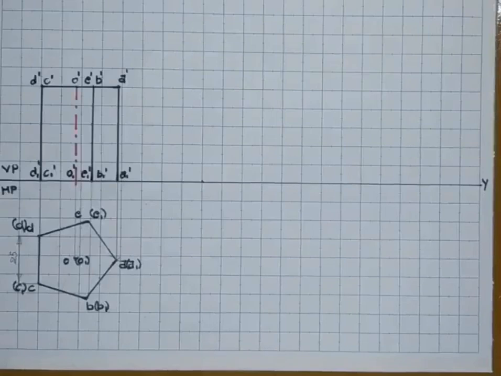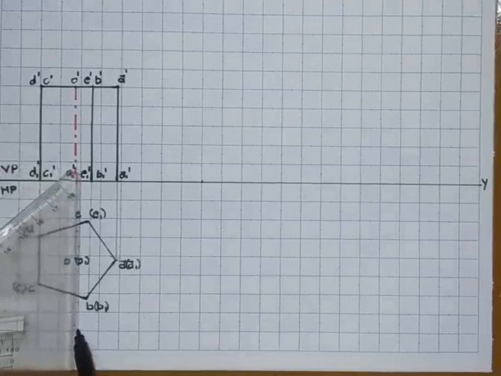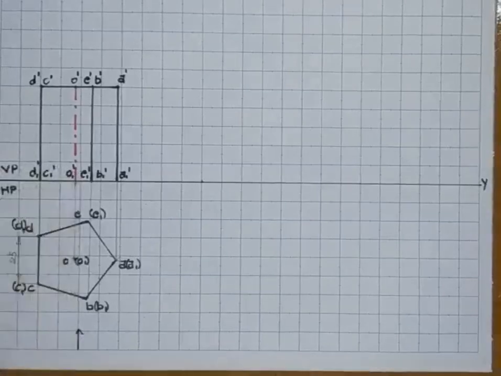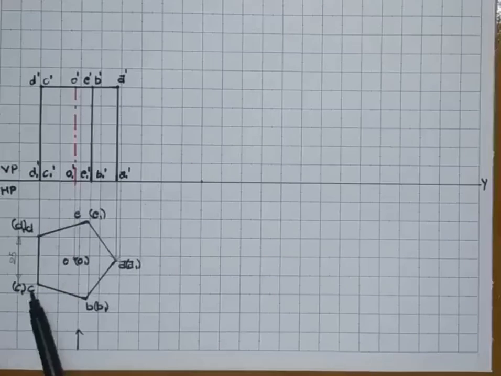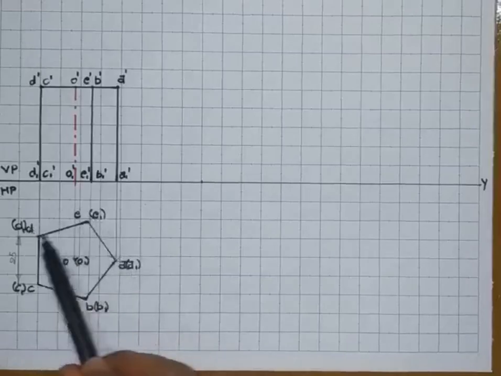Now I have marked all the top and the bottom face points, and we need to mark the invisible edges. Observer is looking from here. Point C is visible, point B is visible, point A is visible, E and D, right?